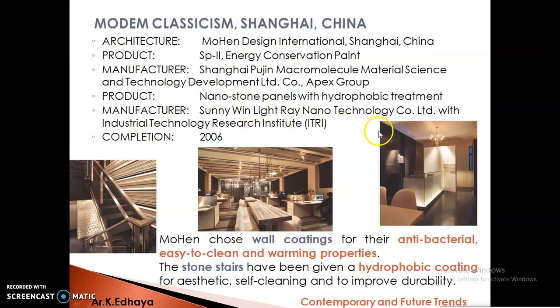Then is the Modern Classism, Shanghai, China project, which was done by MODEM Design International, China. Here they have used various different materials, inside the chandelier, which has a lot of glass particles, and the staircase, which is made up of natural stone.